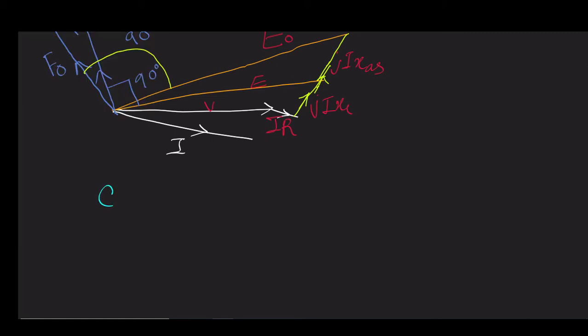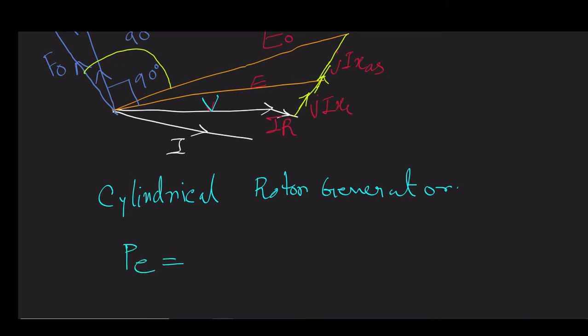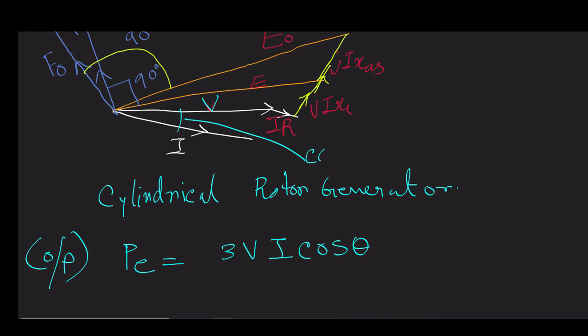So in a cylindrical rotor generator, if your terminal voltage is V and your current is I, then the electrical power output of the generator is 3VI cos theta, where this angle is theta.